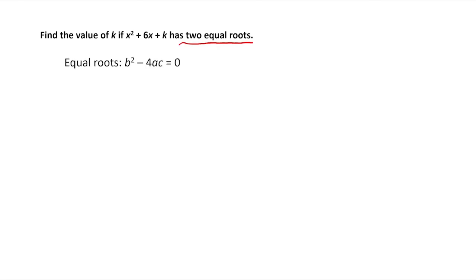Equal roots state that b squared minus 4ac is equal to 0, where a is equal to 1, b is equal to 6, and c is equal to k. Substituting these values gives us 6 squared minus 4 times 1 times k equals 0. And from here we solve for k. k is equal to 9.